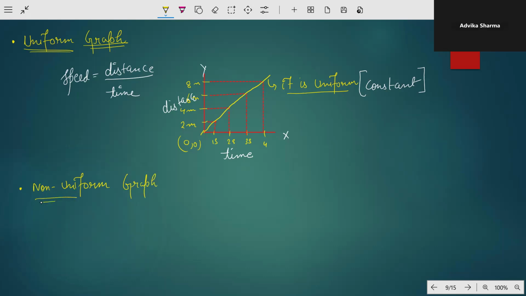A parabola would be a non-uniform graph, right? A parabola? Sorry, I can't understand. A parabola, y equals x squared. Yes, yes, a quadratic equation.